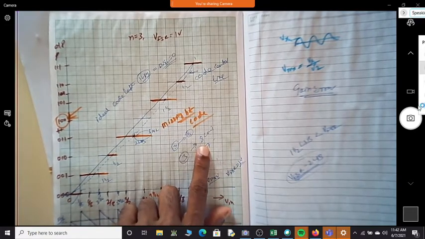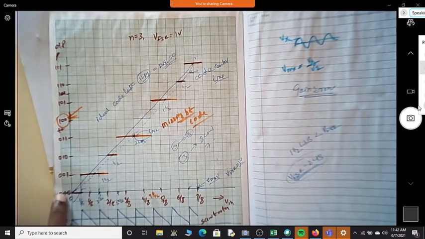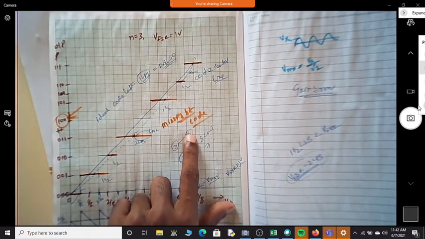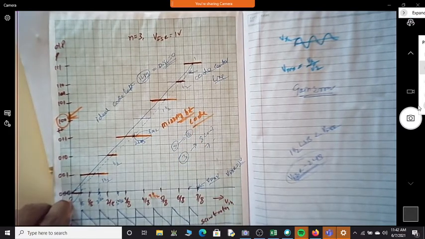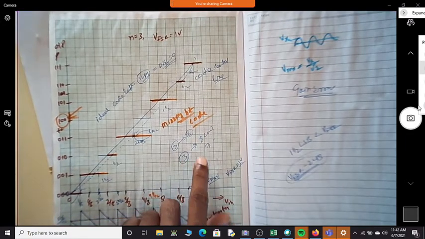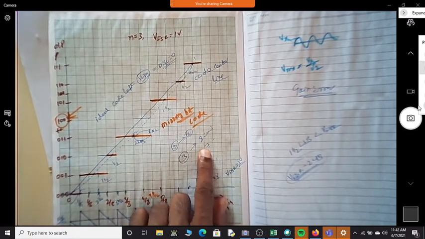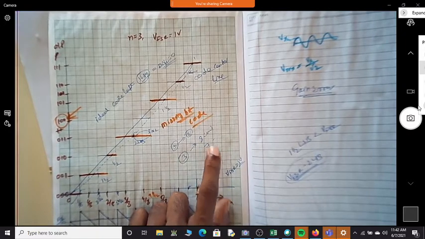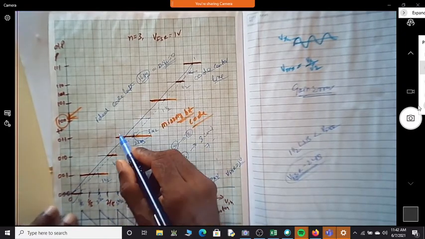Including 0, if the number of bits is 3, I have to get 8 combinations. In the same 3 bits, I'm not getting 8 combinations. There is one less. Why is this one less? Because my error is more.